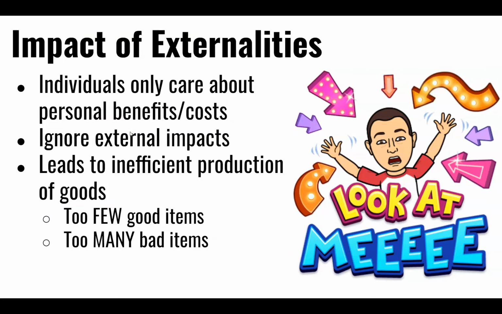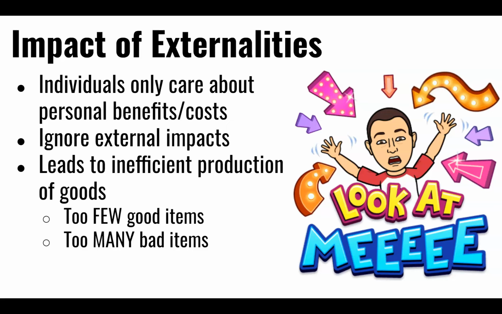So when it comes to externalities, what they are is a recognition that individuals only care about themselves. We are individual profit maximizers. We make decisions based on the marginal benefit and marginal cost of our behavior to ourselves. External impacts on other people do not come into play when it comes to determining what's best for you, at least in our model.